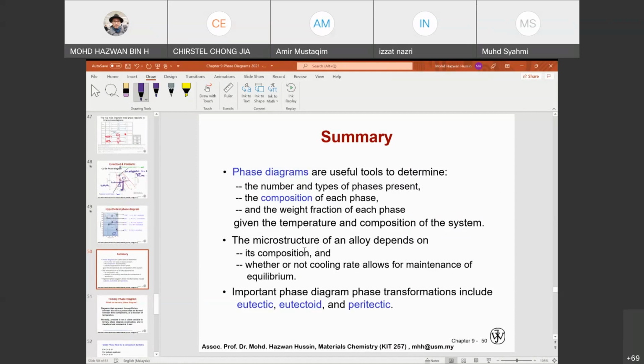The microstructure of an alloy also depends on the composition and whether or not the cooling rate allows for maintaining equilibrium. Finally, the importance of phase diagrams: phase transformations include eutectic, eutectoid, peritectic, and monotectic. So all these reactions we have seen.